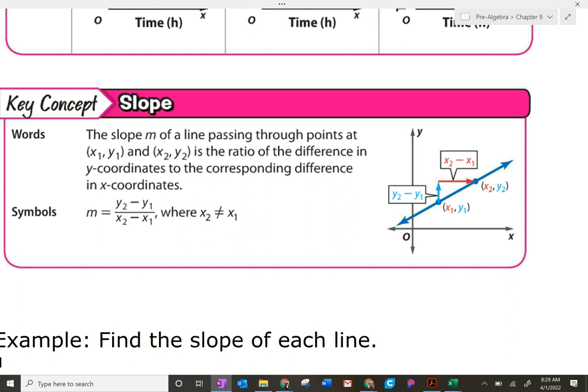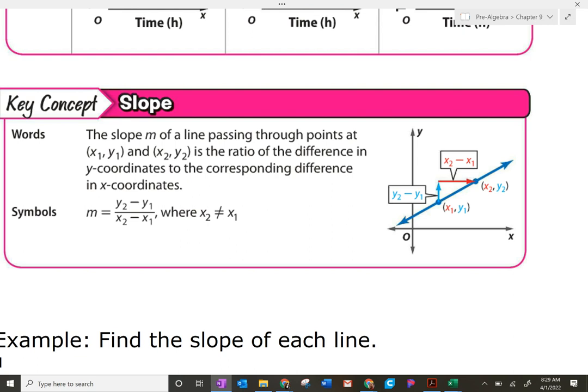That little 2 means it's from the second point, and the 1 means it's from the first point. When it goes between these two points, we can show that difference, and when we write the difference from those coordinates, we can figure out what the slope is, or how much that rate of change actually is.